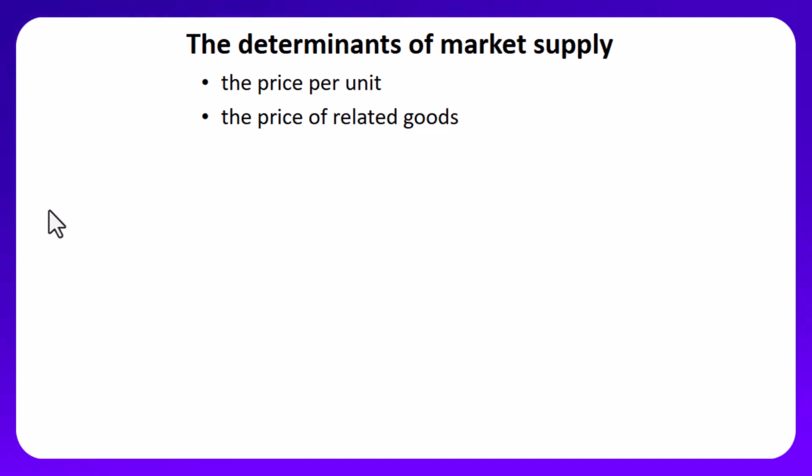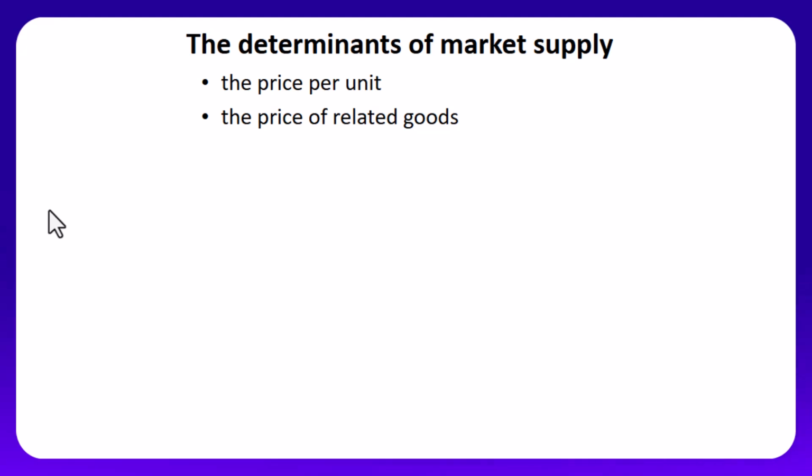Related goods could be in 2 forms, and we'll talk about this in different sessions as well. But for the moment, the price of related goods could be on the market. If the price of petrol significantly rises, the demand for electric cars may increase.